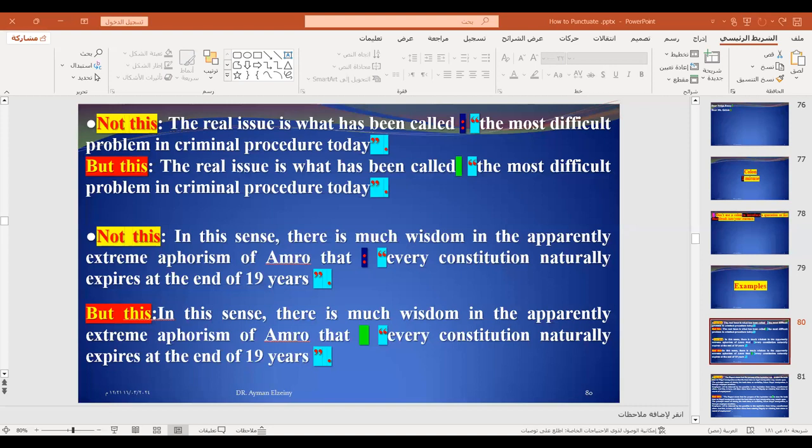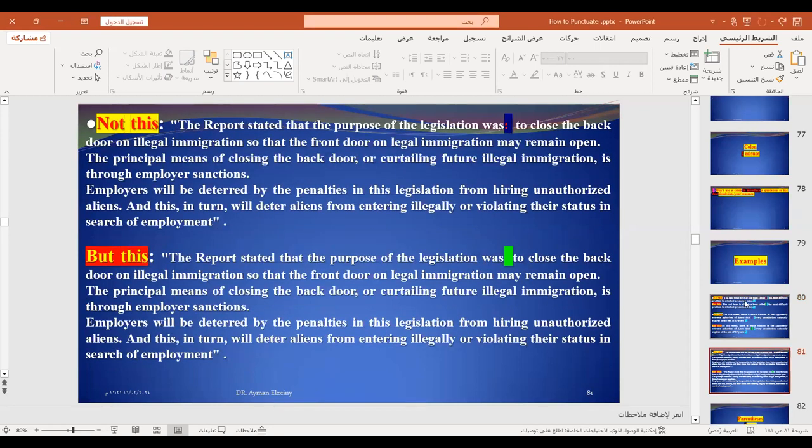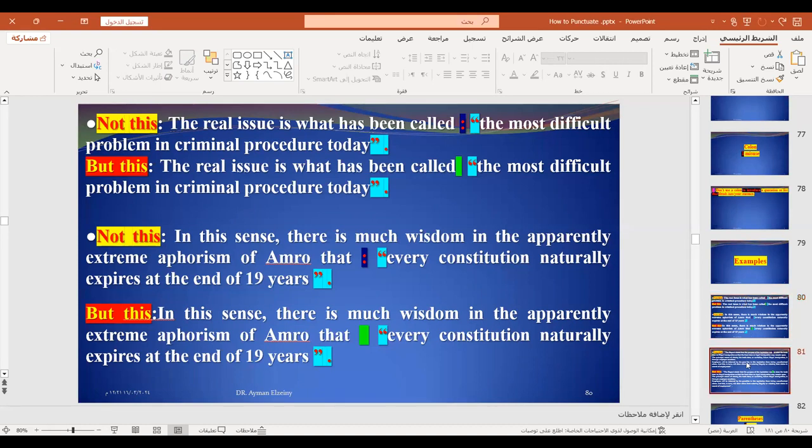Another example. In such sense, there is much wisdom in the apparently extreme aphorism of Ahmed that every constitution naturally expires at the end of 19 years.